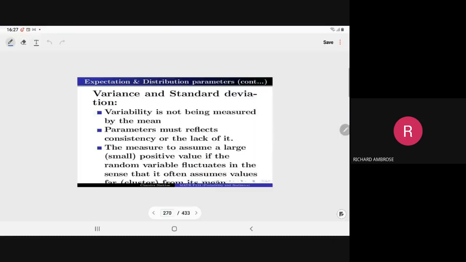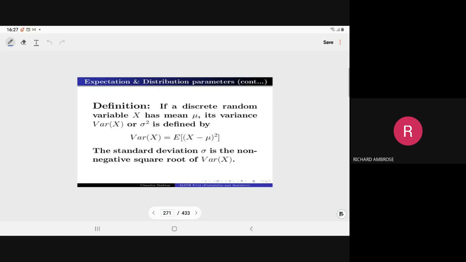So what is the variance? Definition: if the discrete random variable x has mean mu, its variance, which we denote by Var x or sigma square, is defined as the expected value of x minus mu, whole square. What are we measuring here?